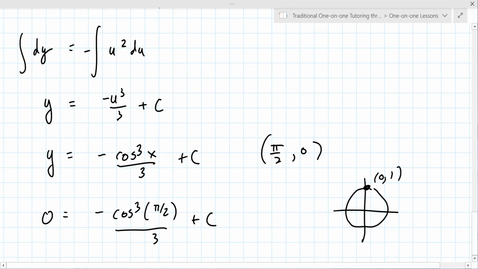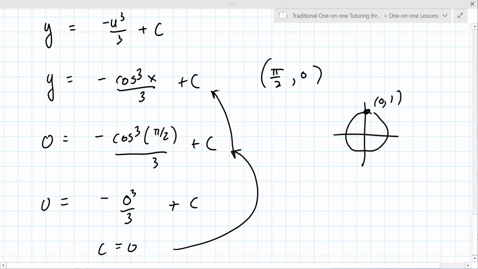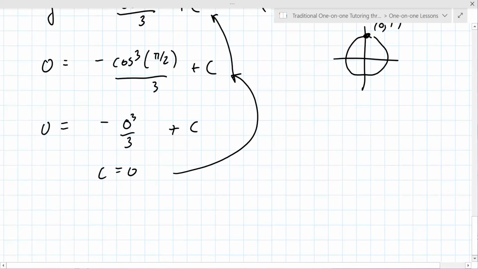So this ends up being 0 cubed over 3, which equals 0. So your equation is y equals minus cosine cubed x over 3, and then they want you to evaluate it at 0.